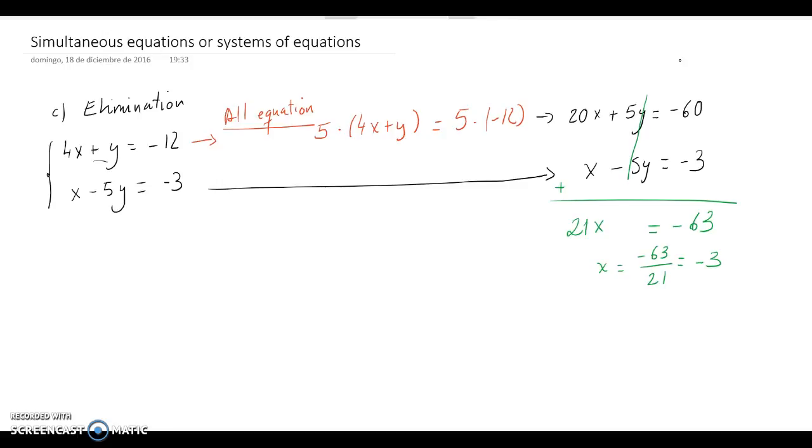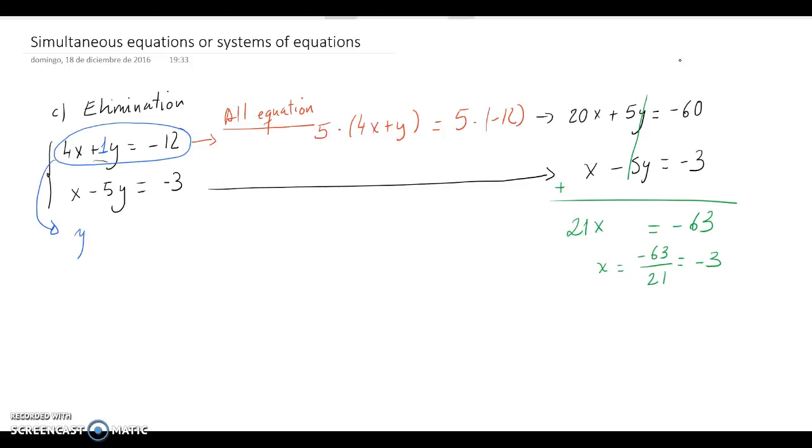So to solve for the y, I can choose between the first equation and the second. Obviously, in the first equation, the y is with 1, okay? So it's easier because I can solve for the y easily, okay?